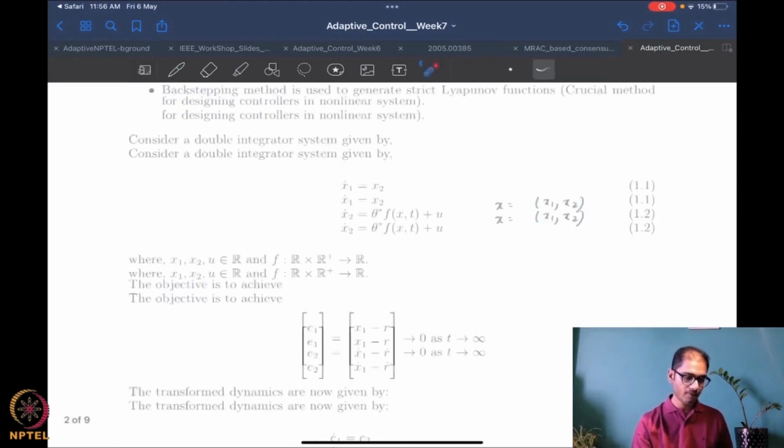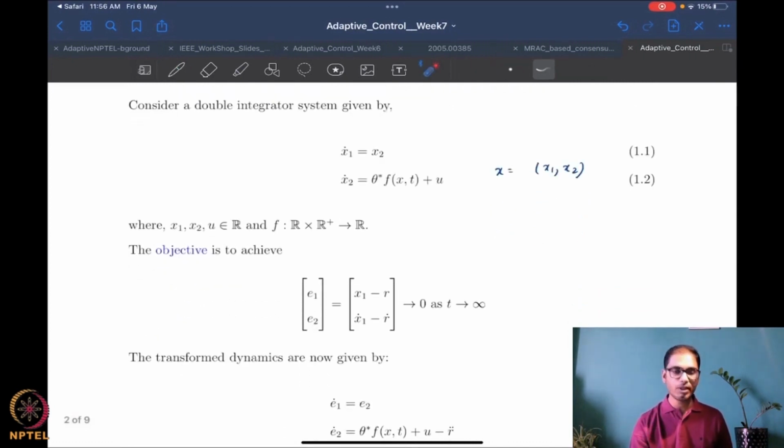And as always, our typical objective is that our state x1 tracks some trajectory r, and x1 dot accordingly tracks some trajectory r dot, right? This is obviously because of the matching condition. Because our dynamics dictates that x1 dot is x2, therefore the trajectories also have to be identically designed.